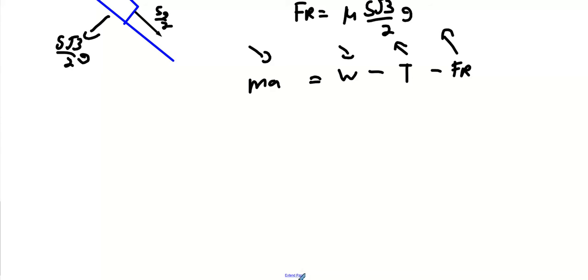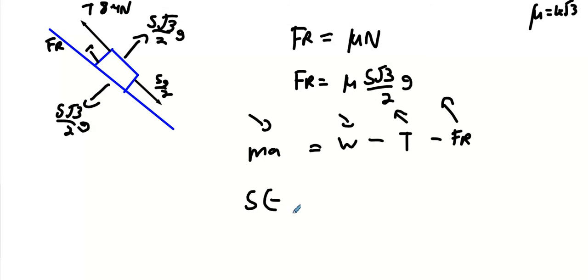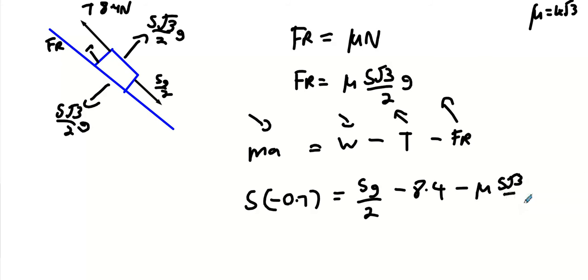So MA is going to be 5 times, we know the A value to be minus 0.7. We know the weight to be 5g over 2. We know the tension to be 8.4. And then we know the friction to be minus mu times 5 root 3 over 2g.